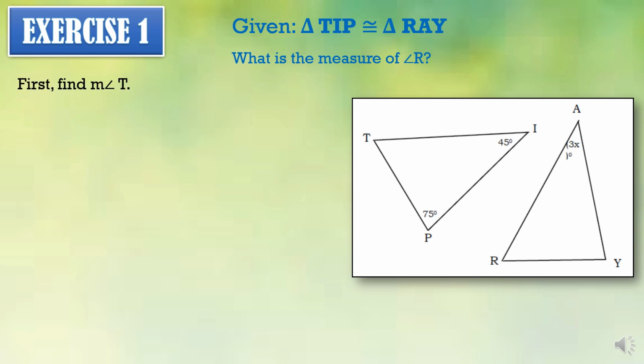First, find the measure of angle T. Since the sum of the measures of the angles of a triangle is equal to 180 degrees, the measure of angle T is 180 degrees minus the sum of 45 degrees and 75 degrees, which is 180 degrees minus 120 degrees. The measure of angle T is equal to 60 degrees.